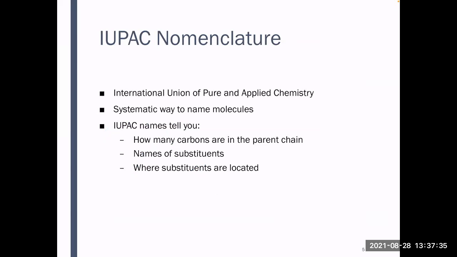But for the most part, in these rules, there's systematic ways to name these molecules. And again, that allows us to name any molecule just by following these rules, and that we can all know what molecule we're talking about just by giving the name. So these names tell you a couple things. One, how many carbons are in the parent chain, the names of substituents, and where substituents are located.